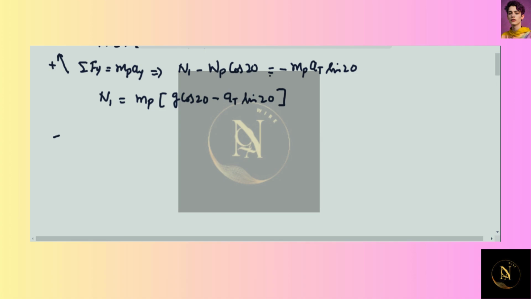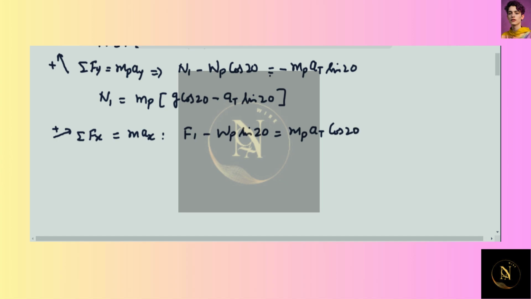Now taking this direction to be positive and considering this to be the x-axis, it would be mass into acceleration. So we can write F1 minus component of weight along this direction is equal to mass of the ply into acceleration of truck cos 20.